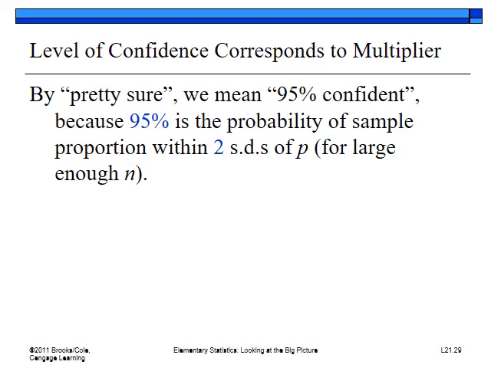So, pretty sure means that we are 95% confident. The way we interpret that as a probability is that the 95% would be the probability that any sample proportion that we take will fall within 2 standard deviations of the unknown P.